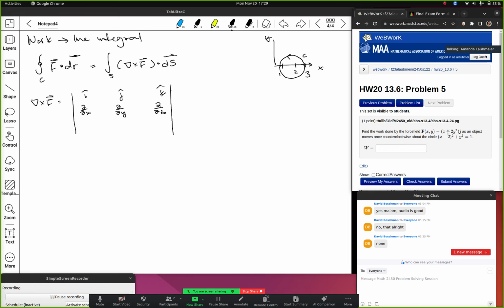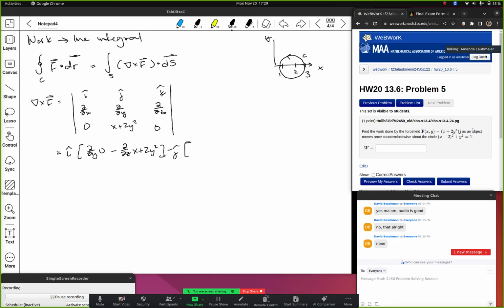So my F is pretty easy. It's got a 0 in the i hat, a 0 in the k hat, and it's x plus 2y squared in the j hat. So from i hat, I'm going to get d dy of 0 minus d dz of x plus 2y squared.